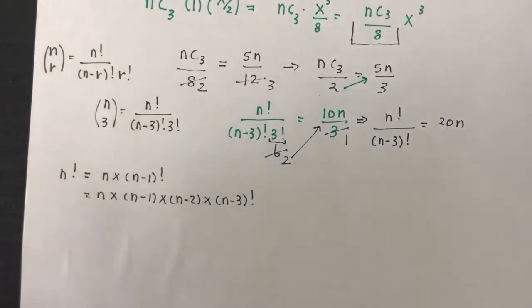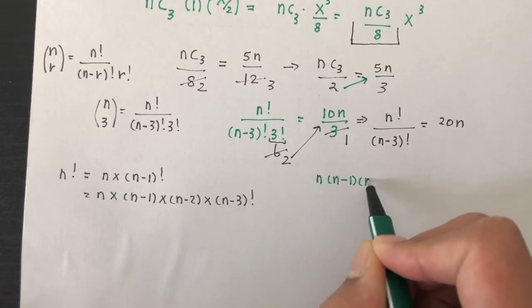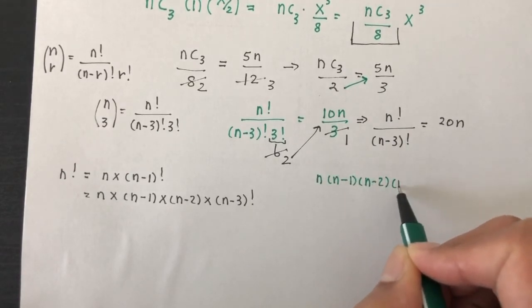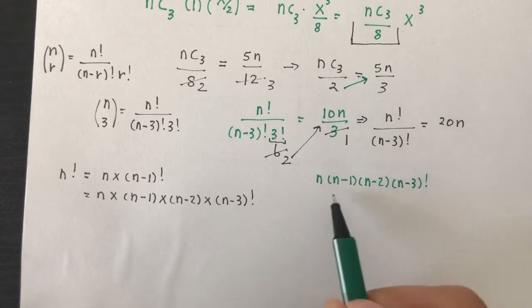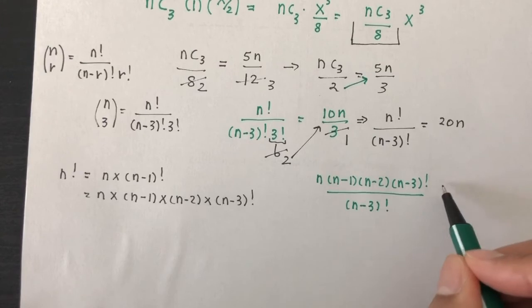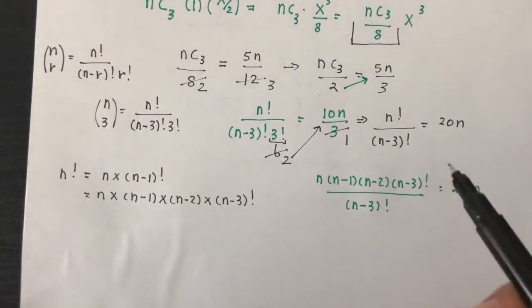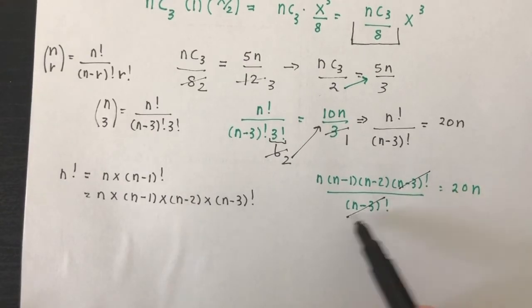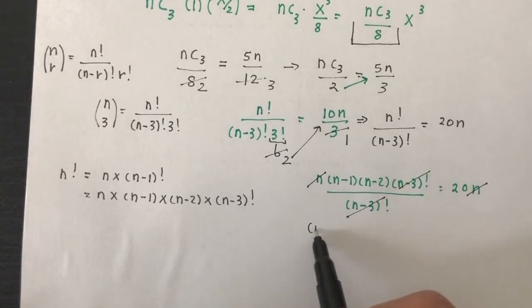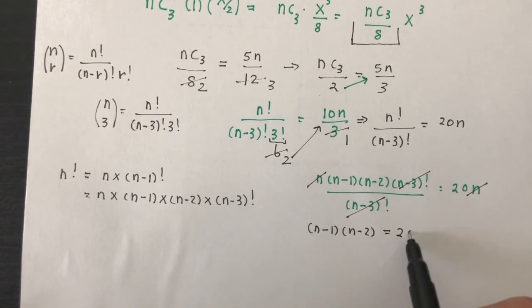So if you were to replace this on top of this, let's see what happens. You have n times n minus 1, n minus 2, n minus 3 factorial over n minus 3 factorial equal to 20n. So now you observe these two are the same. These two go away. Here you have n, here you have n, goes away. So finally you have n minus 1, n minus 2 equal to 20.